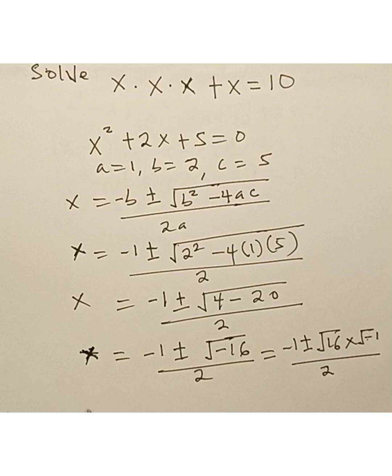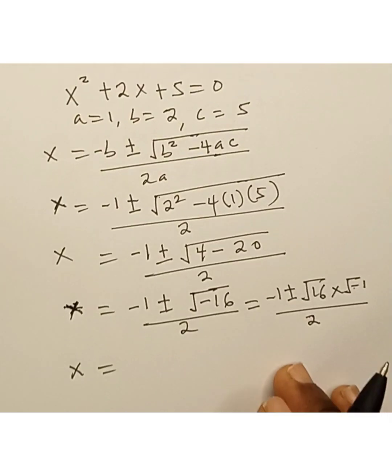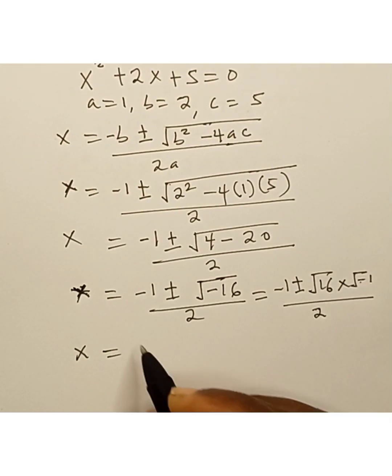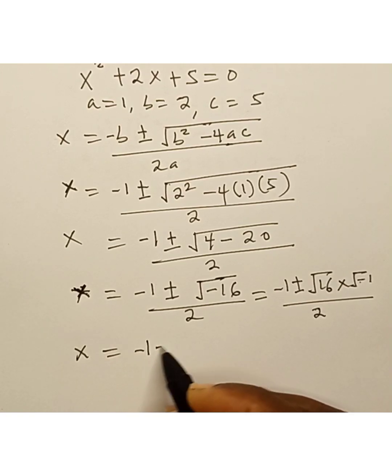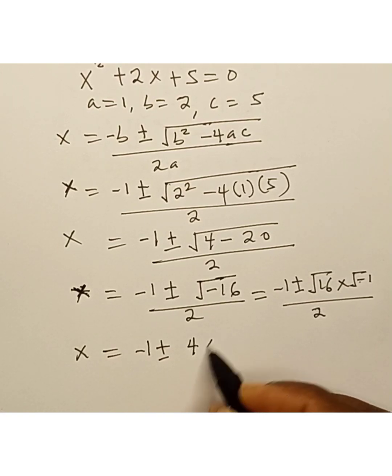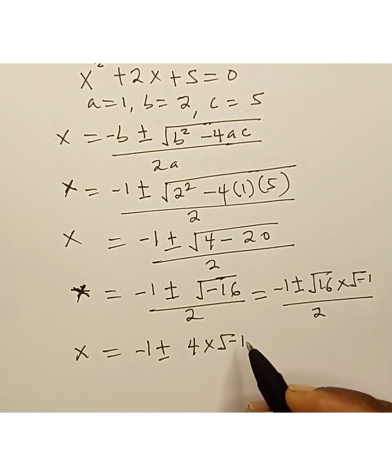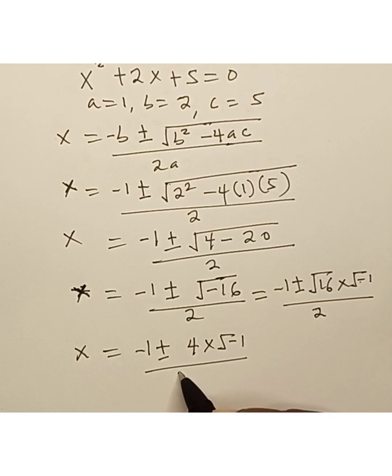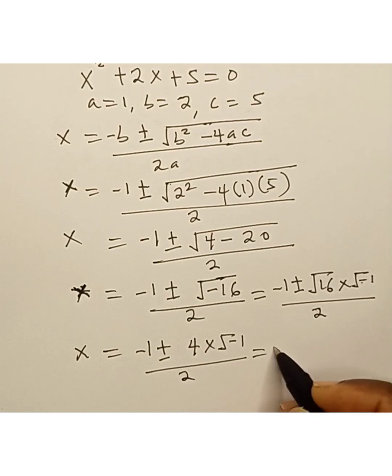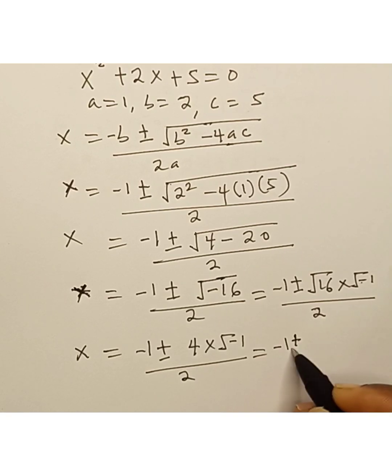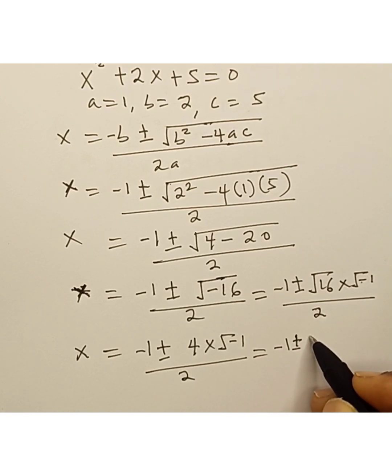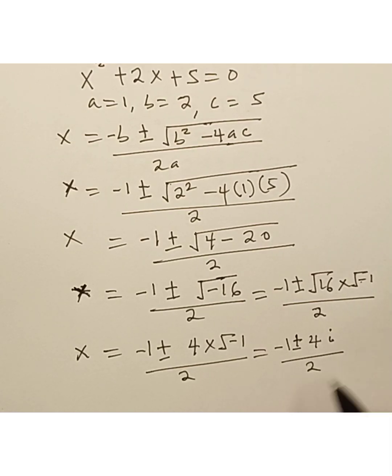So we can write X equals to minus 1 plus or minus 4 times square root of minus 1 divided by 2, which is 4i over 2.